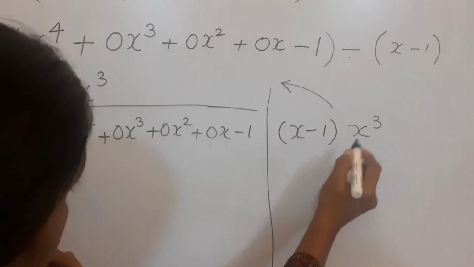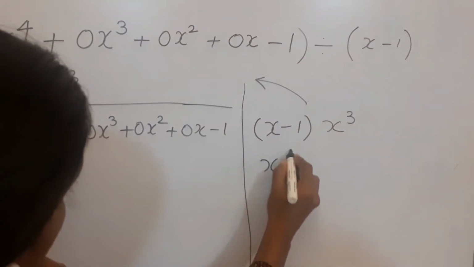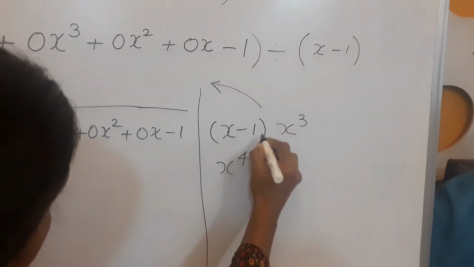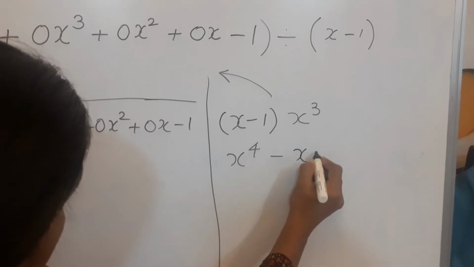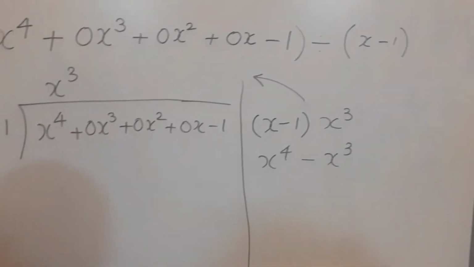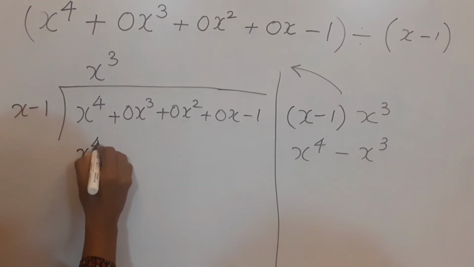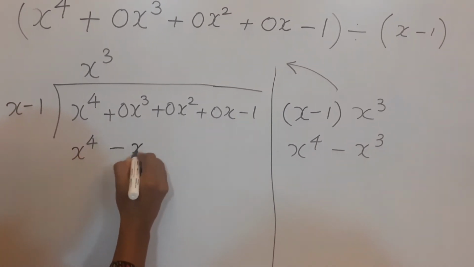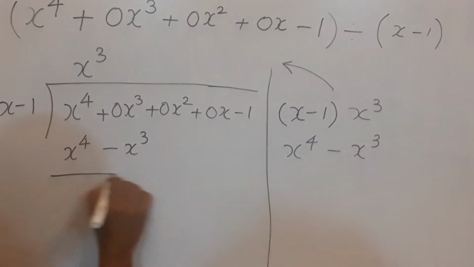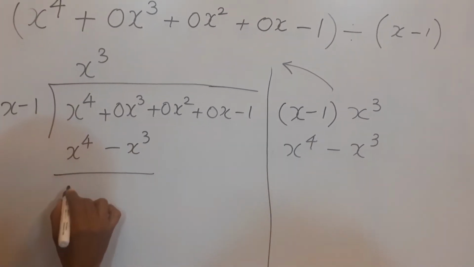Now you solve this. X cube into x is x raised to 4, minus 1 into x cube is x cube. Alright, this has to be immediately written here. So x raised to 4 minus x cube. X raised to 4, x raised to 4 gets cancelled.